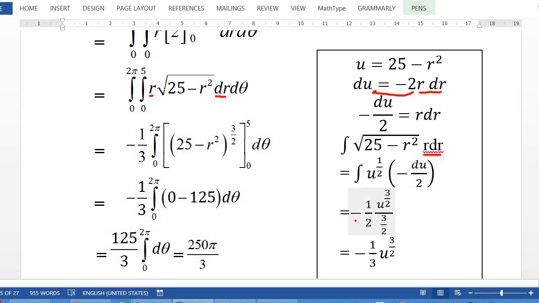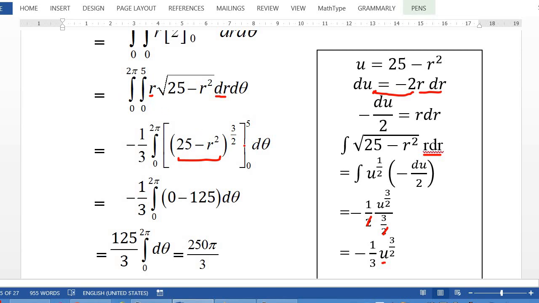Initially here you have negative half. The 2 and 2 cancel, so you have negative 1/3 u power 3 over 2. Replace back u as 25 minus r squared, power 3 over 2. So you have negative 1/3 times 25 minus r squared power 3 over 2.